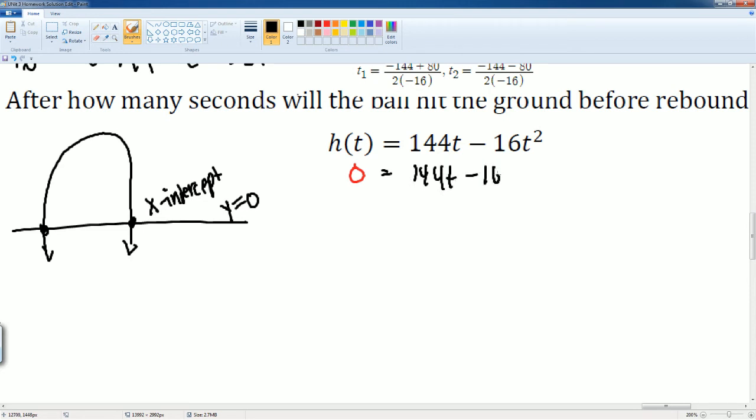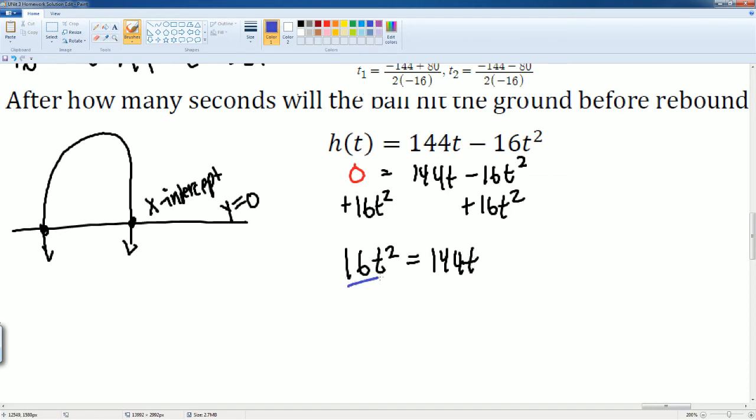144t minus 16t squared. Now you can actually solve for this as well. When it's like this, it's very neat because all we have to do is add 16t to both sides, leaving you with 16t squared equals 144t.